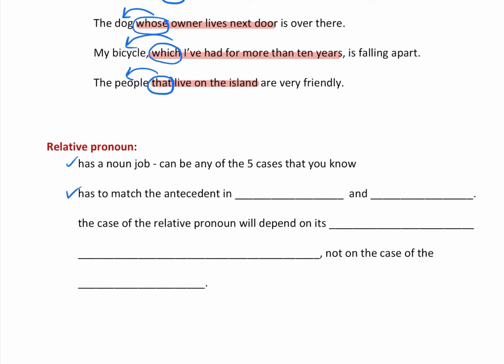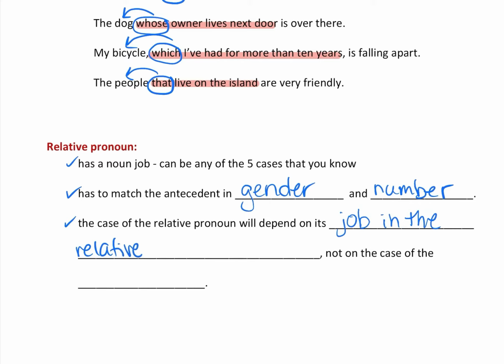The second thing is it has to match the antecedent in gender and number, not in case, and you'll see why in a little bit. Because it's an adjective, it has to match in gender and number, but not case. The case of the relative pronoun will depend on its job in the relative clause.